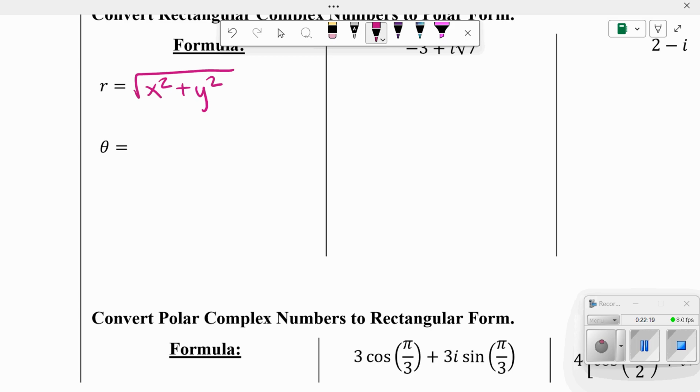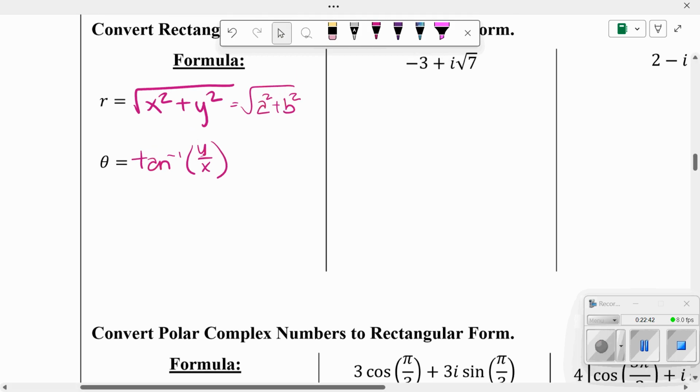Some textbooks would use the square root of a squared plus b squared. Again, it just depends on what textbook you're using. And then theta is still tan inverse of y over x, or b over a, depending again on what textbook you're using. I'm going to stick with x and y because that's what we're comfortable with, but I want you to be aware it could be a different format.